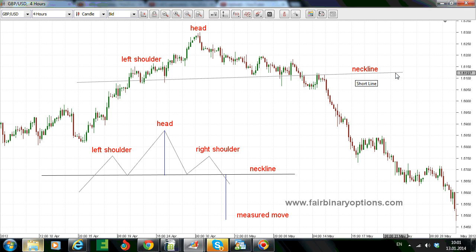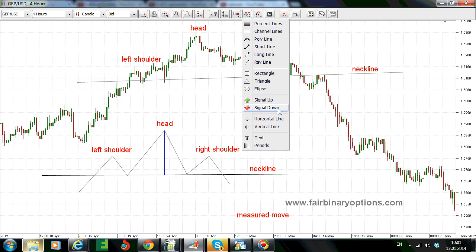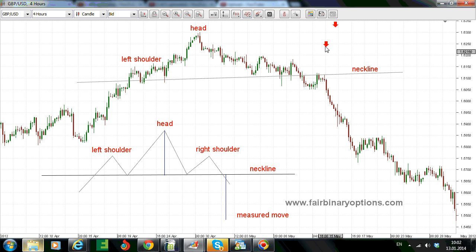Now, when drawing the neckline, there are a few tips and tricks one can use when you trade binary options. Like mentioned in the previous part, this is a reversal pattern, so we are looking only to buy put options, because we're looking for price at the expiration date to be lower than the striking price. So on such a pattern, we're looking to buy only put options.